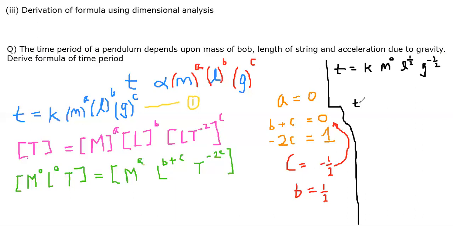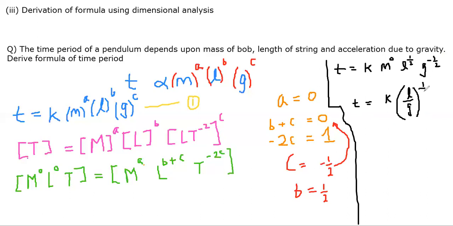Now you would just make it in a good way. Something to the power 0 is 1, so m will be eliminated from here. L half, g minus half. When g comes in the denominator, the power becomes positive, and you can write k (L/g) to the power half.